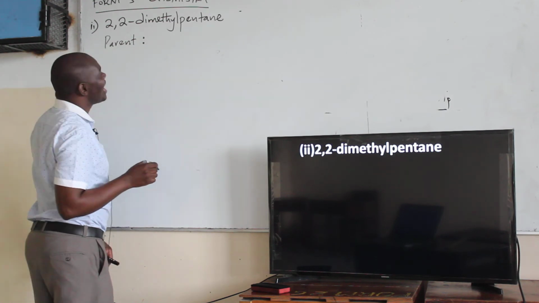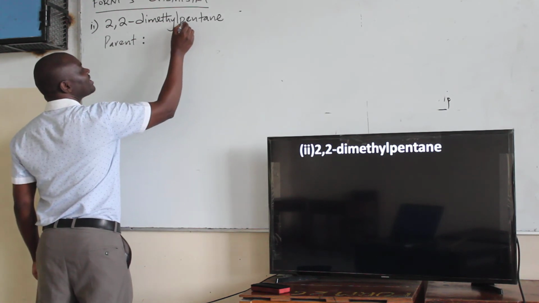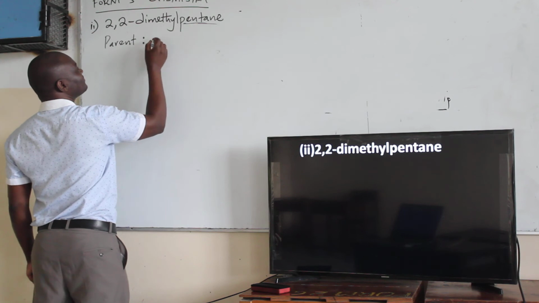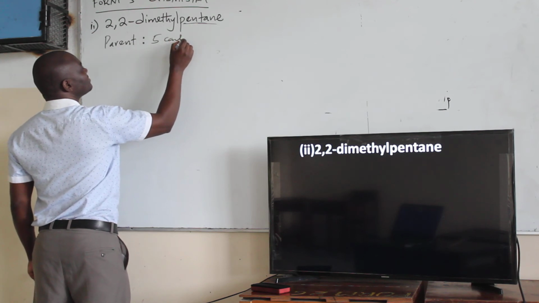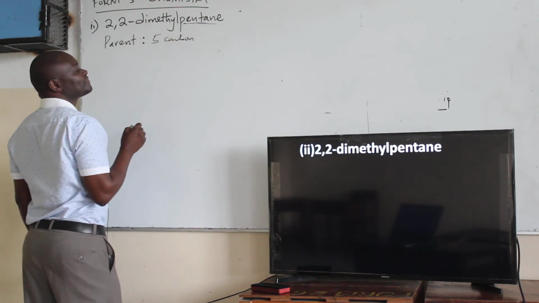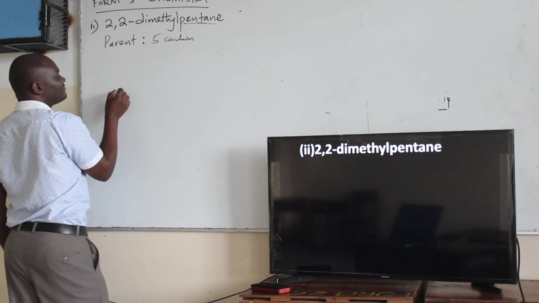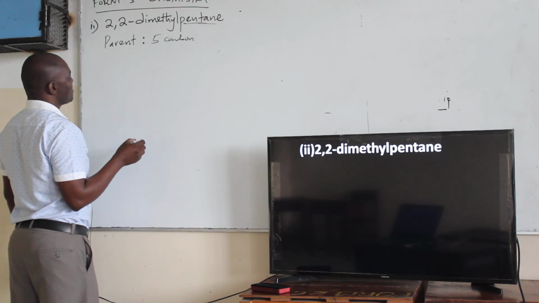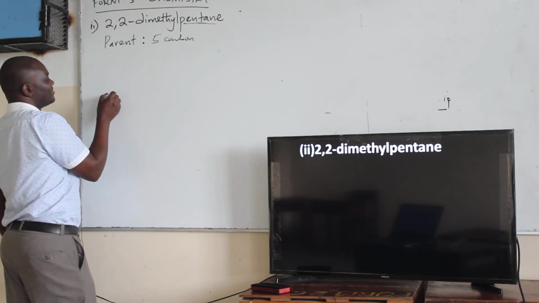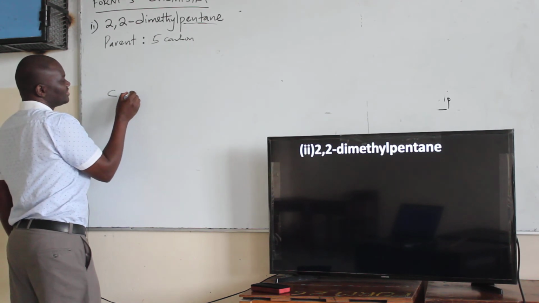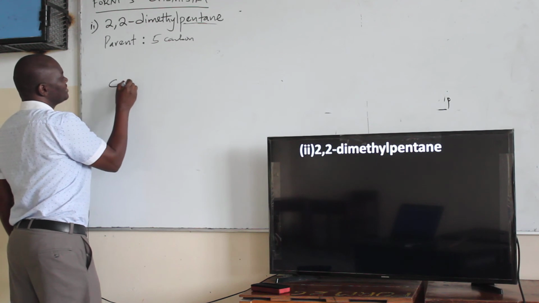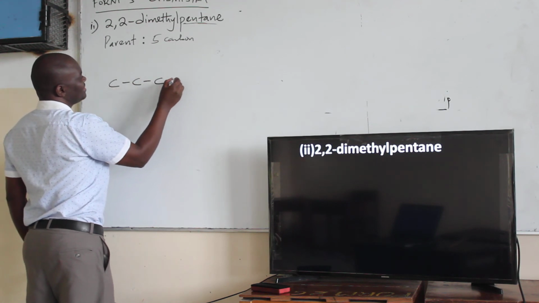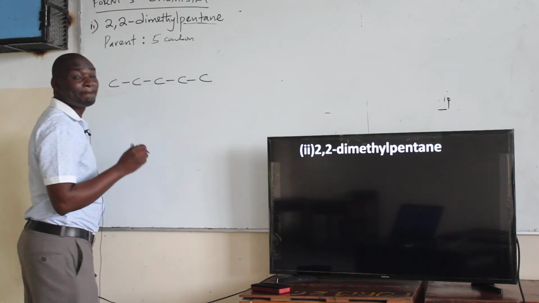The parent has 5 carbon atoms, pentane. So we have 1, 2, 3, 4, 5.